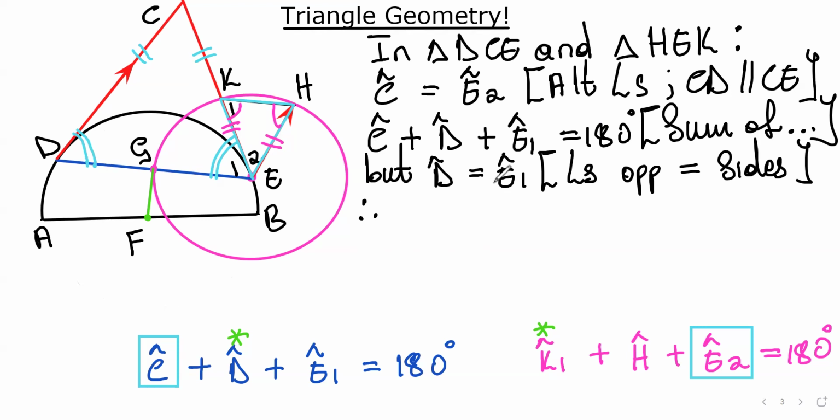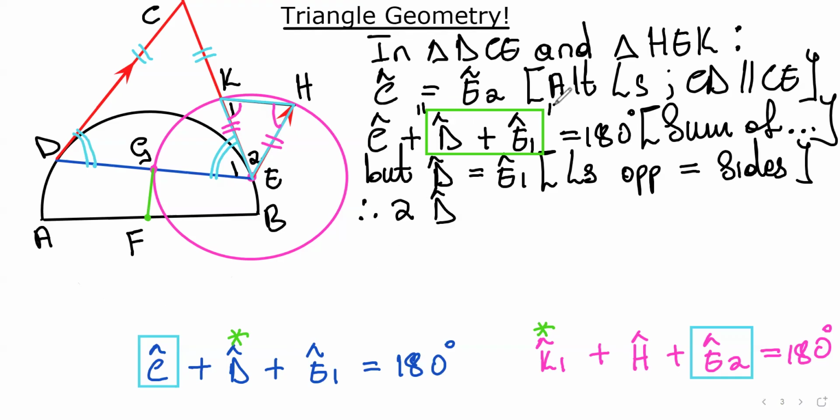So then what are you going to say? I want you to watch this closely. If you go to these two, we know they are equal to each other, right? So you can decide to say twice as much angle D. Yeah, D plus E1 is the same as twice as much angle D. You could have decided to say twice as much angle E1 if you so prefer.